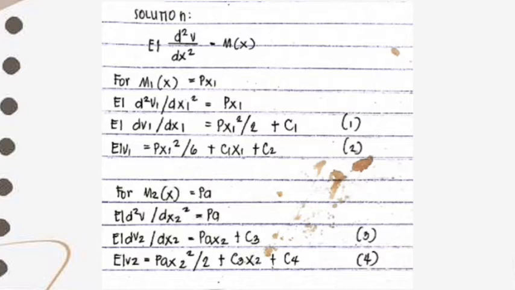So EI dV1 over dx1 is equal to Px1 squared over 2 plus C1. So EI V1 is equal to Px1 cubed over 6 plus C1 x1 plus C2.